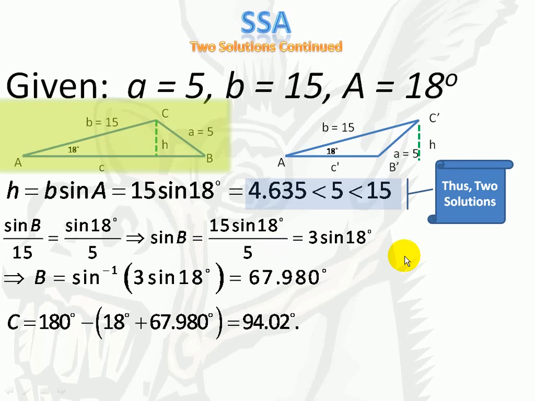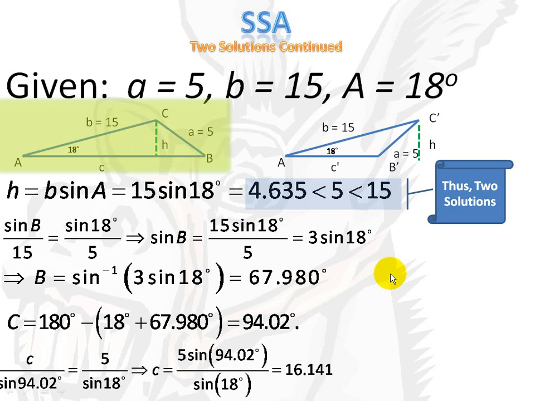Once we know A and B, C is easy to find. It's just 180 minus the sum of the previous two angles. And you get 94.02 degrees. Now I believe all that we have left to find is the lowercase c, using the law of sines.